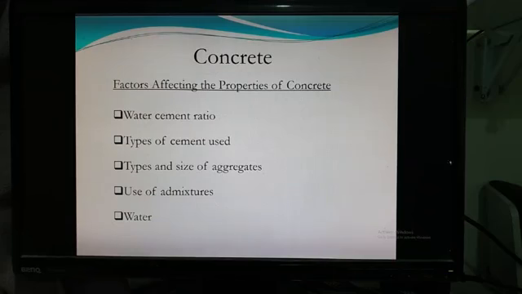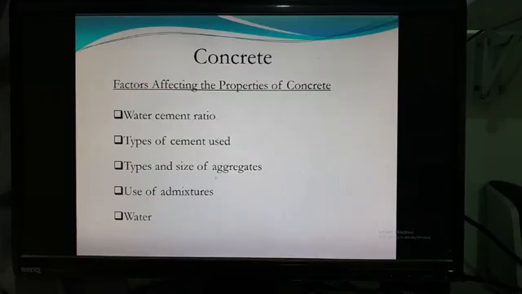Type and size of aggregates. The aggregates must conform to what is required by the specifications. How many types of aggregate must be used, must be observed. And then the use of admixture.